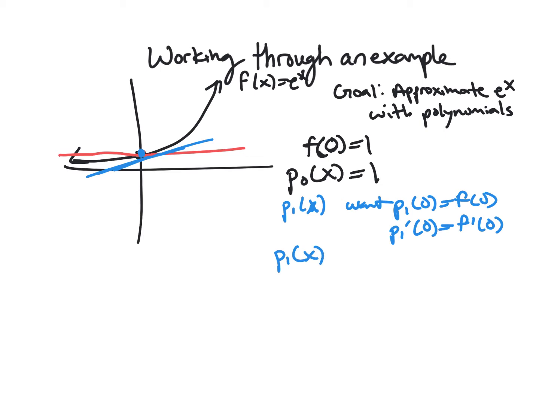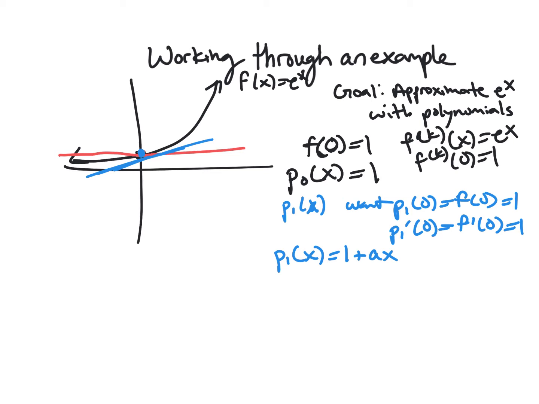Well, what does p1 of x look like then? If p1 of 0 is f of 0, which is 1, then the constant term is 1. And then we're left with our x term. So we have some ax, and we want the derivative at 0 to also be equal to 1. Because what do we know about e to the x? That f prime, or in fact any kth derivative, is also e to the x, and so our kth derivative at 0 is always going to be 1.